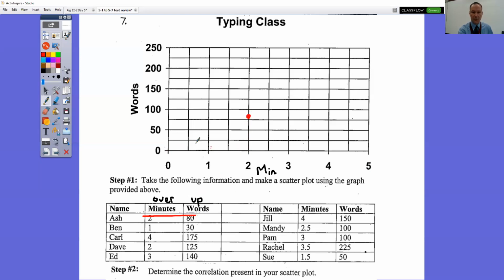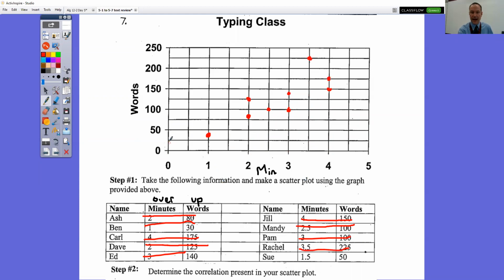I would cross them off as you go. 1 and 30, over 1 up to 30. 4 and 175, over to 4 up to 175. 2 and 125, over to 2 up to 125. 3 and 140, over to 3 up to 140. 4 and 150, over to 4 up to 150. 2.5 and 100. 3 and 100. 3.5 and 225.